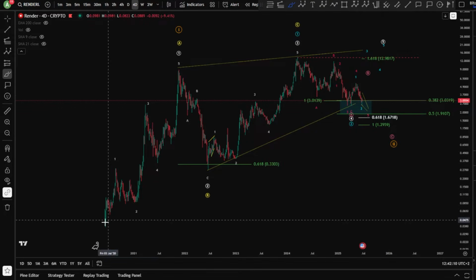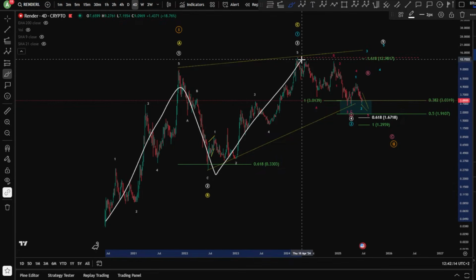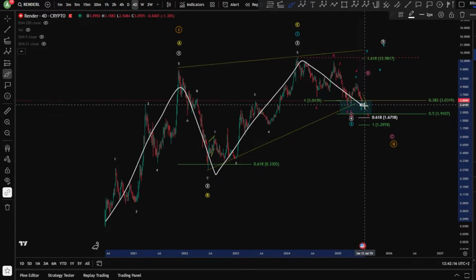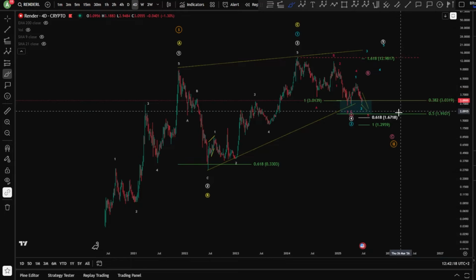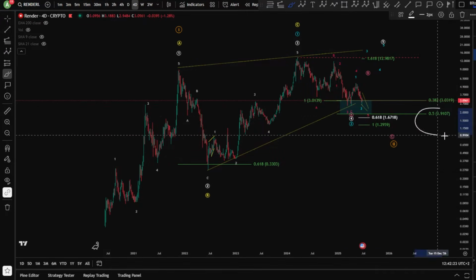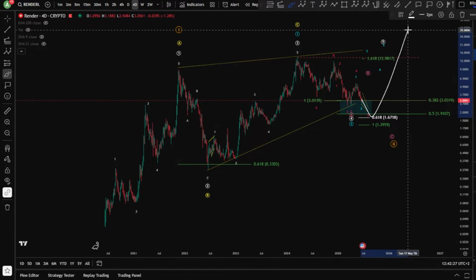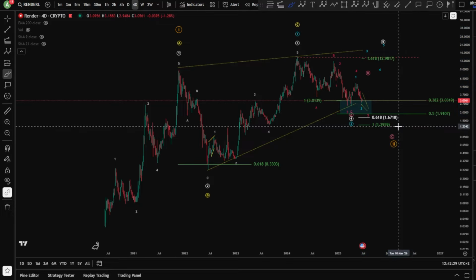Another scenario finally is a double 1-2, where you have an impulse and correction for 1-2, another impulse and a correction for another wave 2. You already hit the perfect fib level or the minimum requirement for a wave 2 here, not the perfect, because the perfect can be, of course, even lower here. Having a second 1-2 here and then moving very impulsively for a wave 3 towards the upside.